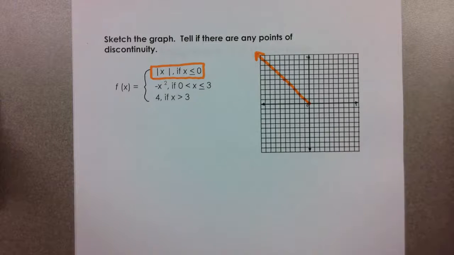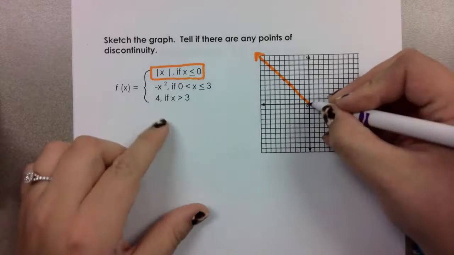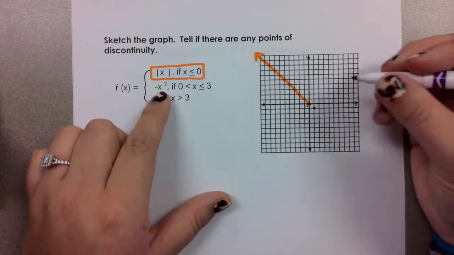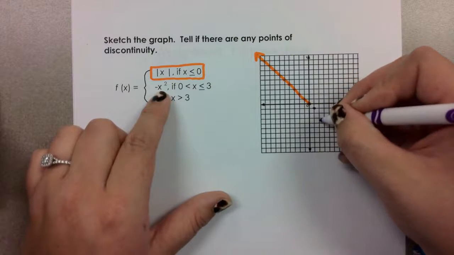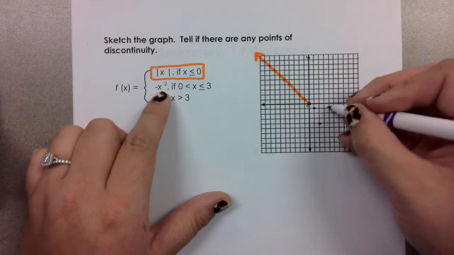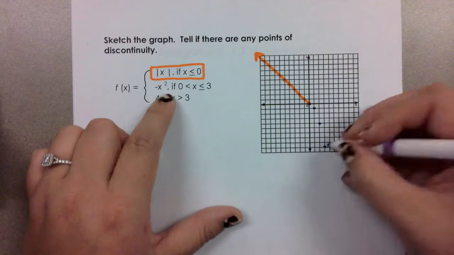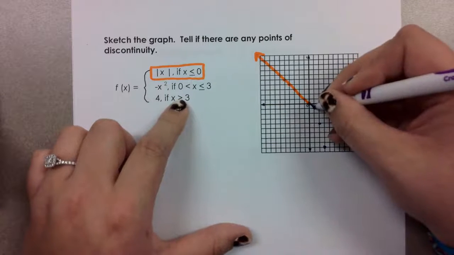The next section says negative x squared if 0 is less than x is less than or equal to 3. All right, well, negative x squared is our basic parent function parabola, just reflected over the x-axis. So 0, 0, 1, negative 1, 2, negative 4, 3, negative 9, and 3 is where we stop, the closed circle.